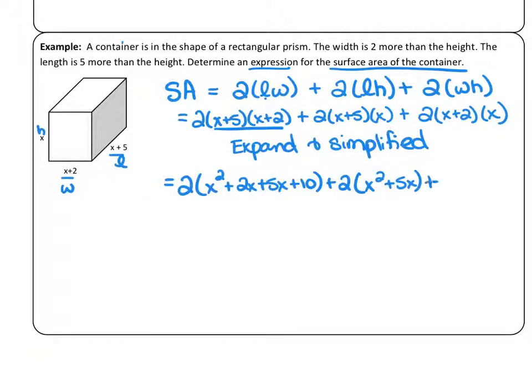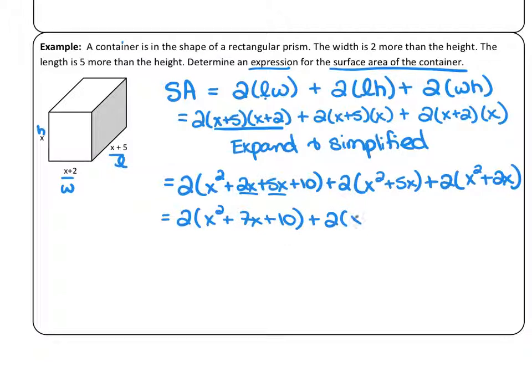And this 2 I'll leave out as well, but it becomes x squared plus 2x. Okay, once we've done that, I'm going to collect the like terms, especially in this one. So x squared plus 7x plus 10, 2 times x squared plus 5x plus 2 times x squared plus 2x.